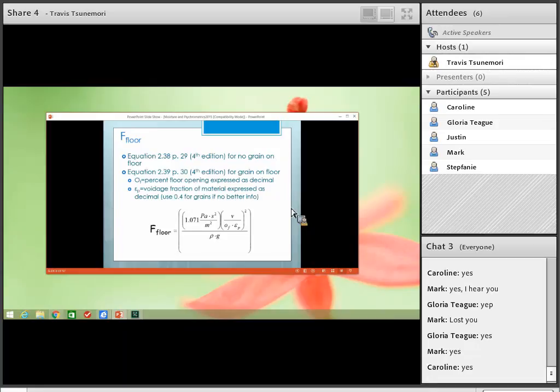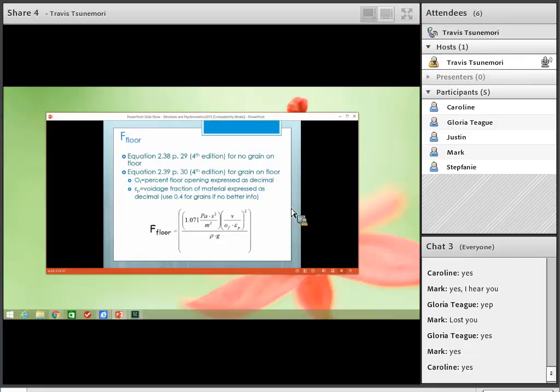I'm not sure when we would need that because we design these systems to be full. So we want to use equation 2.39 on page 30 of the Henderson, Perry, and Young book. And this is for grain on the floor. So it's the friction loss through the floor when there's grain on top of it.